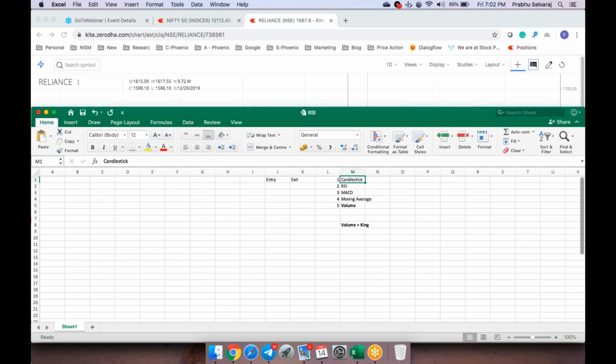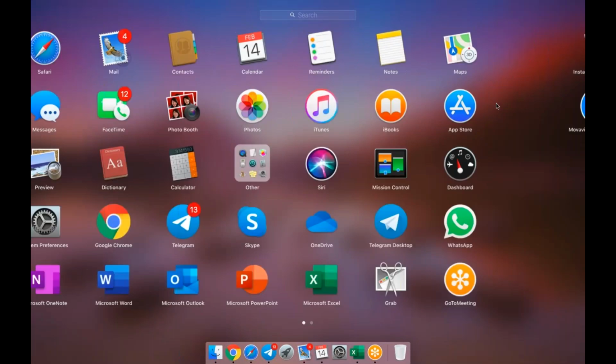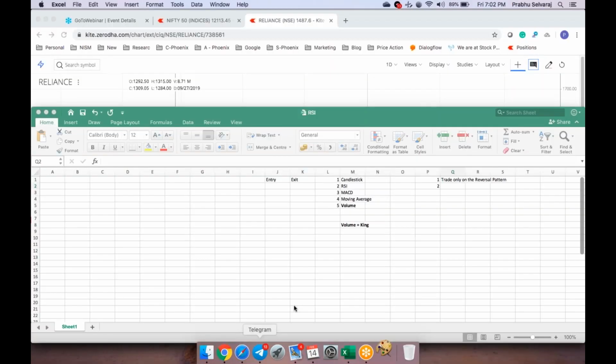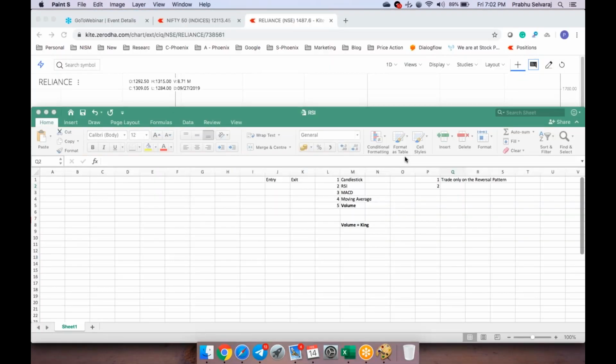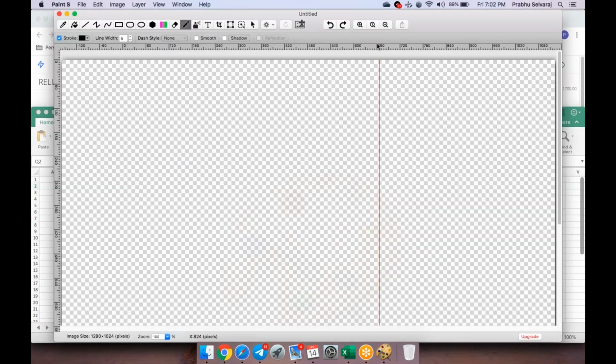If we talk about the candlestick pattern, what is important? You have to trade only on the reversal patterns. Do not trade in between. For example, if the stock is going in a one-sided direction, let me make a small candlestick example.